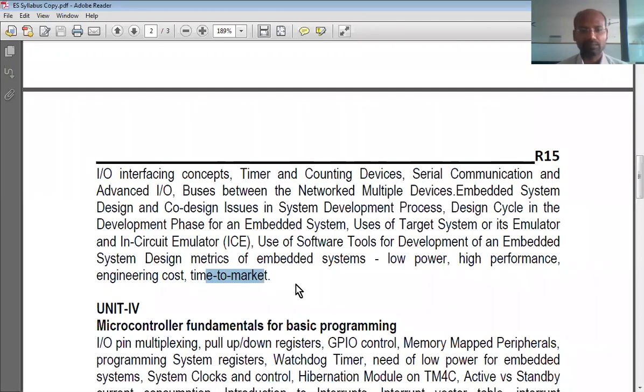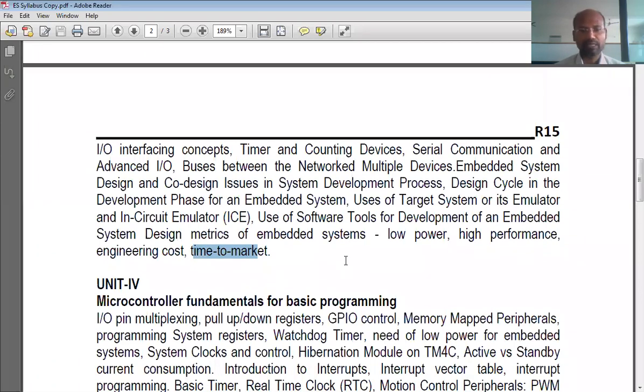Our main goal is to design the embedded system with all the best features, and that too in less time, so that we can make it available to the customers. They can buy your product and you can make lots of money. That is time to market. That is about Unit 3.